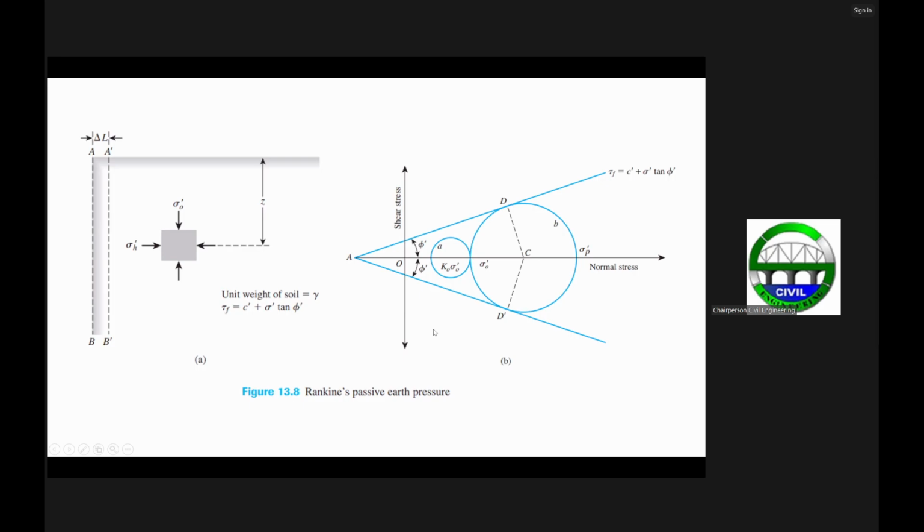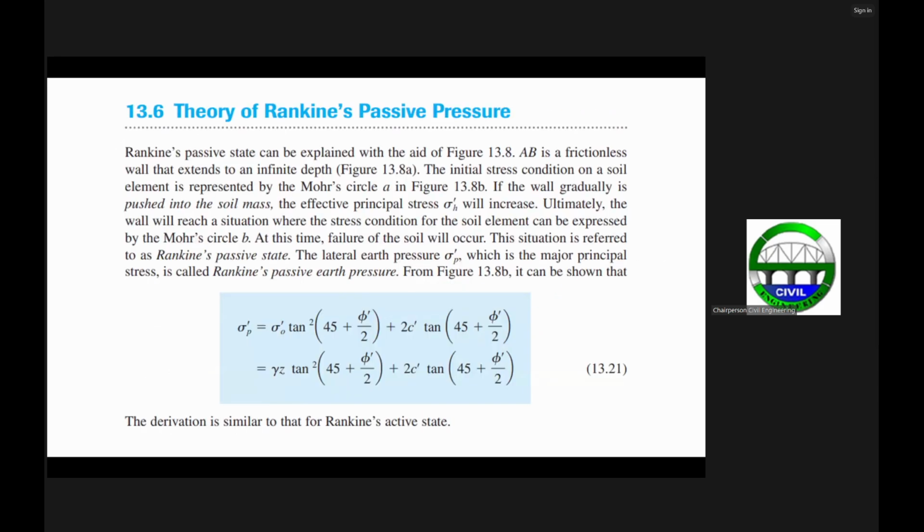Considering the derivation that we have followed for the active earth pressure condition, the result for the passive is basically the same. If you look at the formula for the passive earth pressure, it's just the same as the active earth pressure.